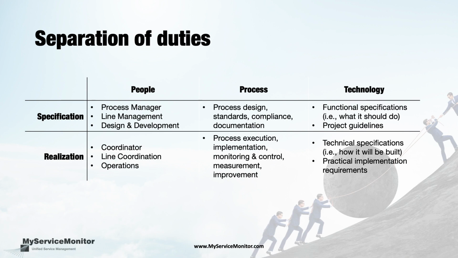Separation of duties can be applied from different perspectives, for example, people, process, and technology. Specification involves design and functional specification, whether that's the design of an organization or team, or the design of a process, or the functional specifications of a system that define what it should do. Realization involves coordination, operation, execution, and determining how things will be built or the practical implementation plans.